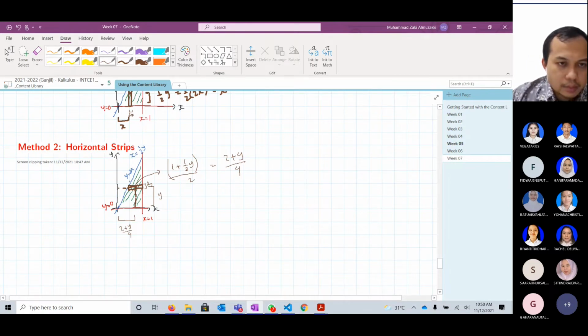The length of the strip, let me use a different color. This length is 1 minus half of y, which is (2 minus y) over 2.